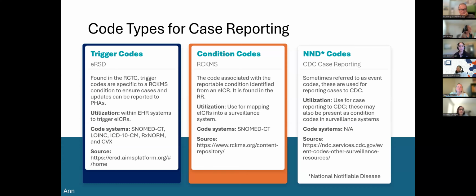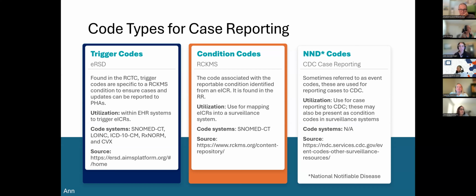And as Natalie has mentioned, there are different code sets available for this: SNOMED, LOINC, ICD, RxNorm, and CVX. These codes also show up within an eICR itself, so they're searchable if you're looking for why a document was triggered. You can find one or many of those codes depending on the visit itself.